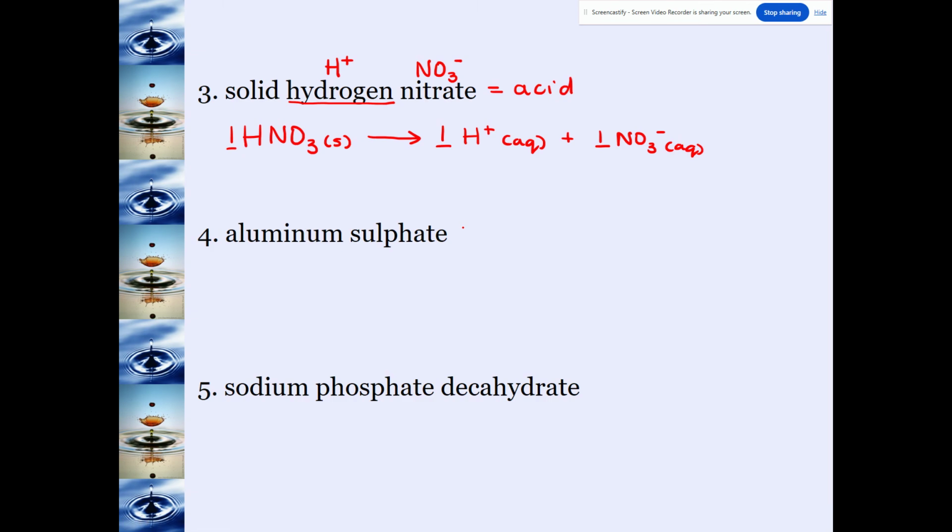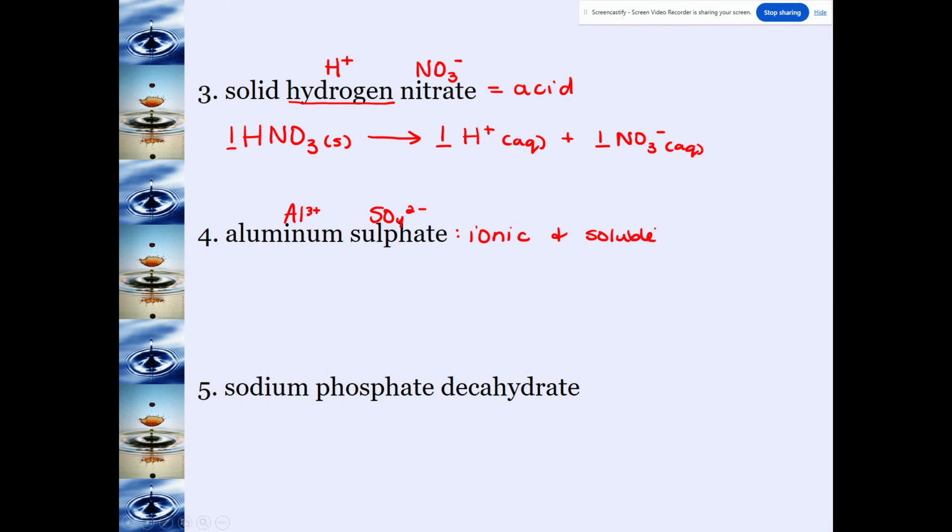Next, we have aluminum sulfate. Aluminum has a charge of 3+ and sulfate has a charge of 2-. This is ionic because I have a metal with a nonmetal. And is it soluble? It is. When you check your solubility chart, it is soluble.